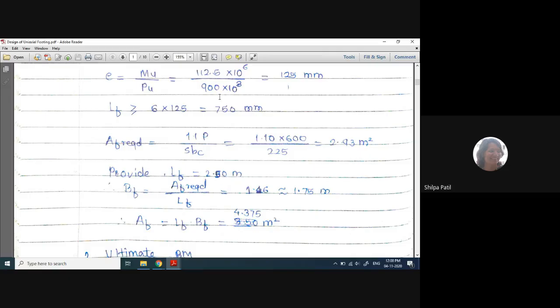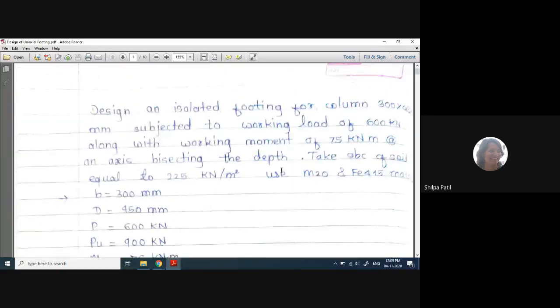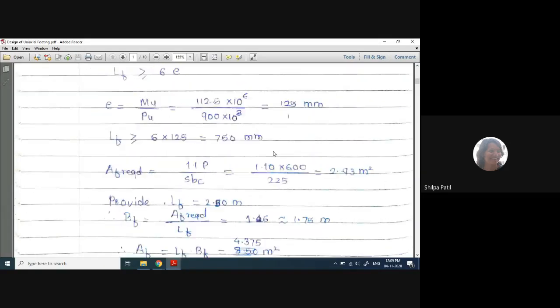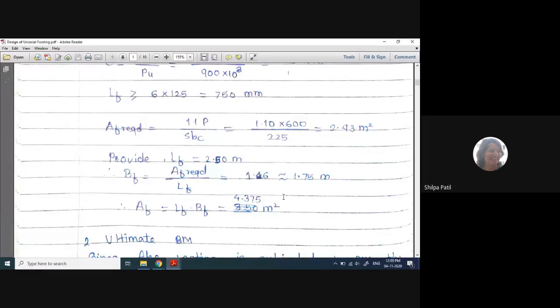The minimum required is 750, and I already know that there is a moment. So in one dimension I can provide either a square footing or a rectangular footing. As I discussed yesterday, it is given that the column is of rectangular cross section. So obviously I have to consider a rectangular dimension of the footing.